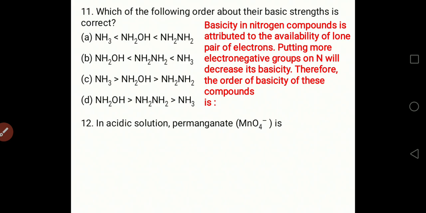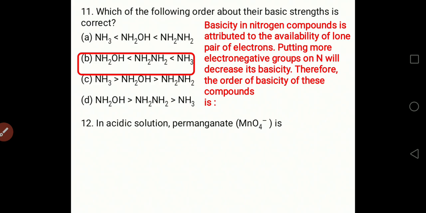It depends on the second atom attached to nitrogen, whether it is a more electronegative element or a less electronegative element. So here you can see NH2NH2, and here NH2OH. Here N and N are bonded, here N and O are bonded, which means oxygen is more electronegative, hence it will withdraw the electron, hence it should be least basic, and here it is in between, here it is more basic. So the answer for this question is B.